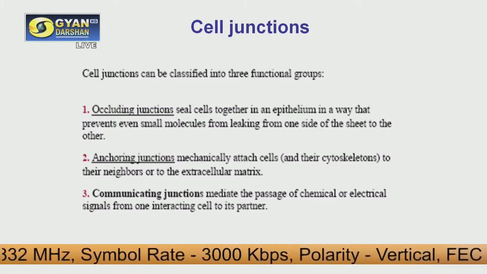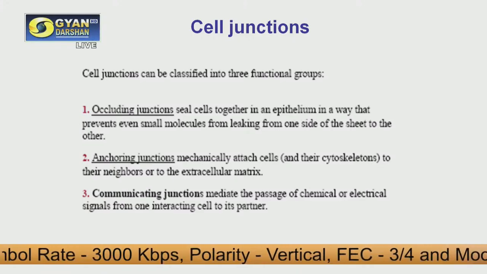Their main function is to arrest the communication between two cells. I mean, they actually seal the junctions in such a manner so that there is no transfer of any molecules, chemicals, or any kind of components between two cells. So through this type of junction, there is no exchange of materials between two cells.